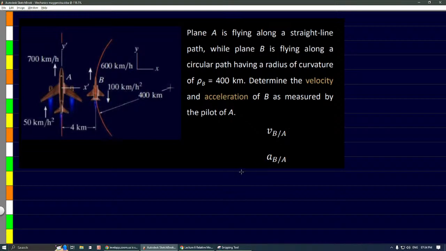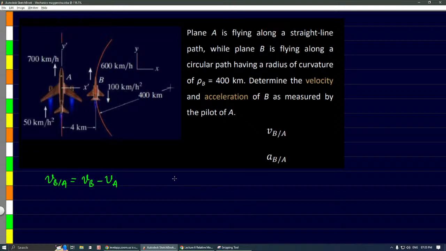So both of them we have to take here. For the velocity of B with respect to A, we have to first find the velocity of B and the velocity of A, correct?